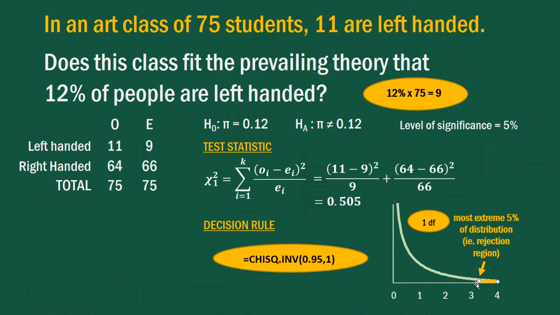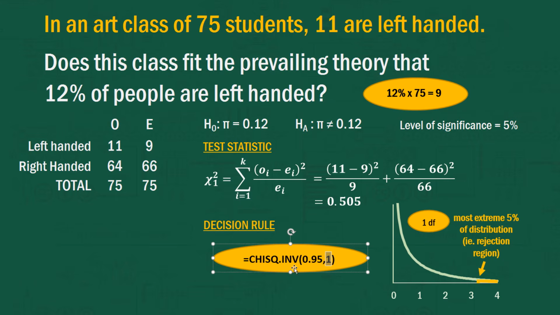So if we want this particular point here, above which lies 5%, we must know that below that value lies 95%. So we can use this Excel formula to find this particular value of chi-squared on this distribution where there's 5% in the upper tail, or in other words, 95% in the lower tail, if you call it that.